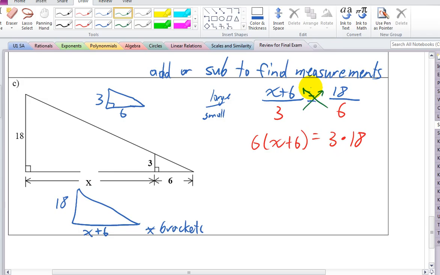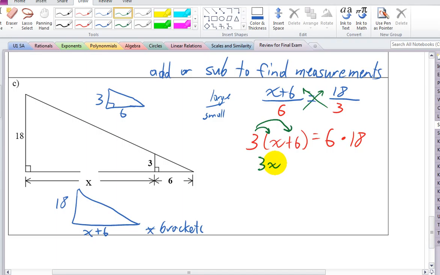Stop. Have I done this right? No, Mr. Bond. Yeah, I haven't. Okay. So my spider sense was ticking. X plus 6 should line up with 6. Okay. And 18 should line up with 3. So I should have those switched up. Okay, so please make those changes. Now when you multiply in here, multiply into both parts, folks.